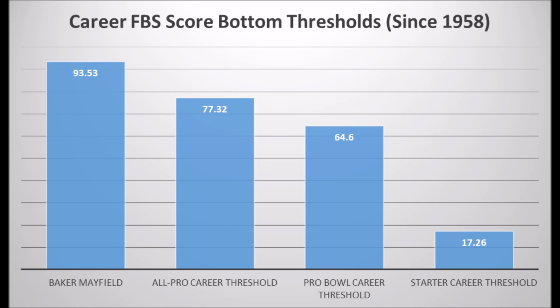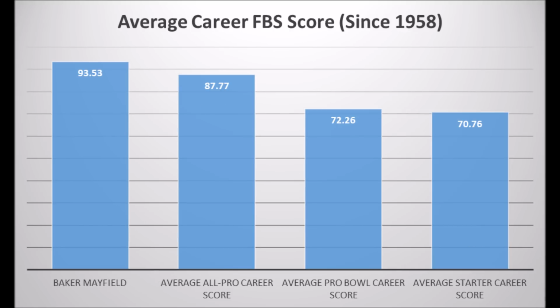Again, Sam Darnold had about 89. Baker Mayfield had a 93.53 out of 100. So that is why Baker Mayfield is the top quarterback in this draft class based on analytics, because he hit all the thresholds you're looking for in terms of high school production and college production, and on top of that had the highest career production score out of every single quarterback in this draft class.